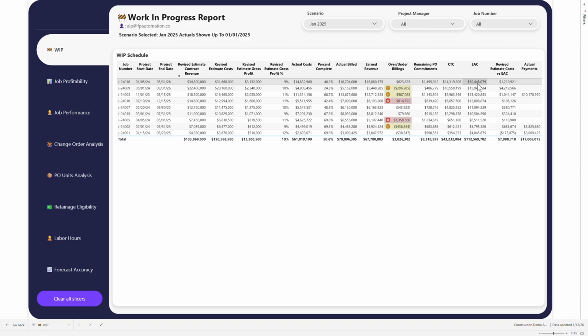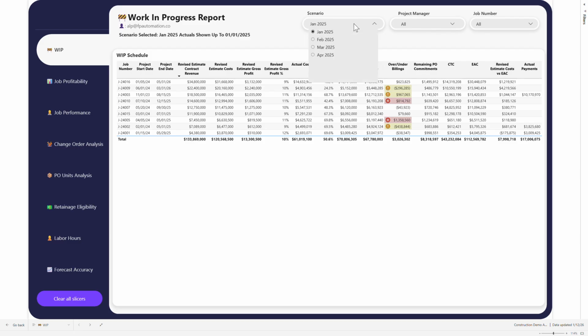This is essentially telling us, if we take our actual costs and add our cost to complete plus our remaining PO commitments, and that actual cost will also include the approved change orders, here's where we expect to end up at the end of the job. This is something we can compare to our revised estimate to see how accurate we are as we are reforecasting throughout the months.